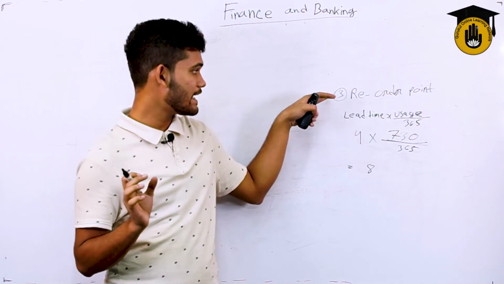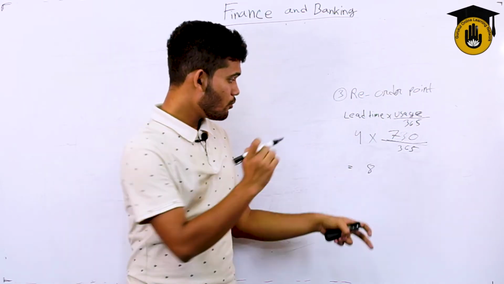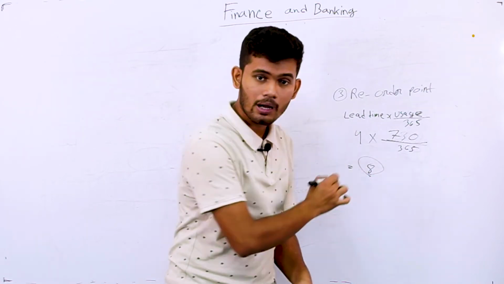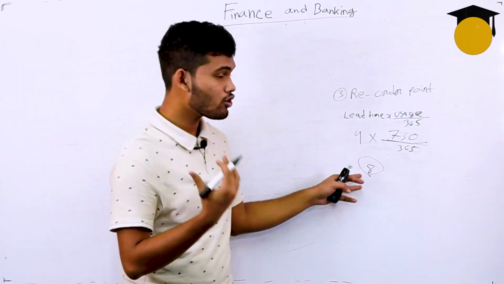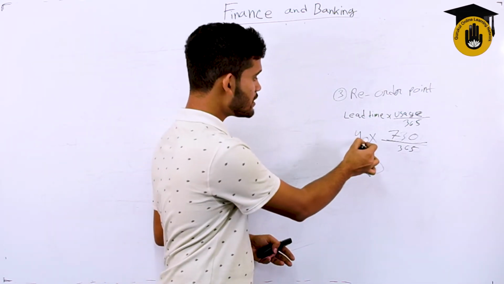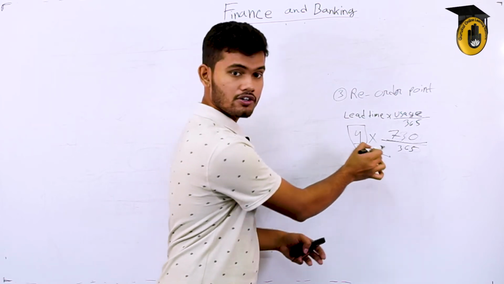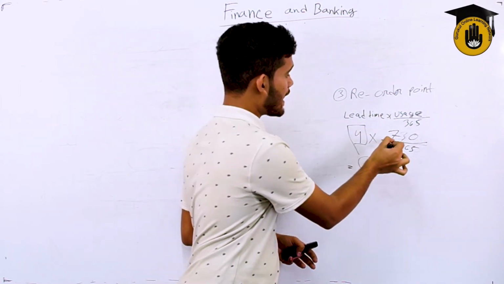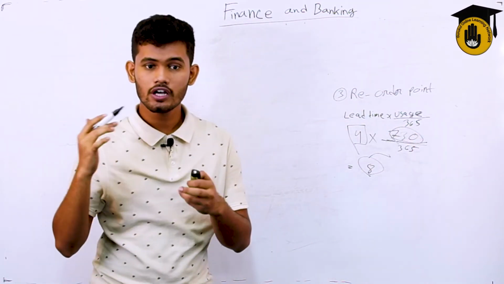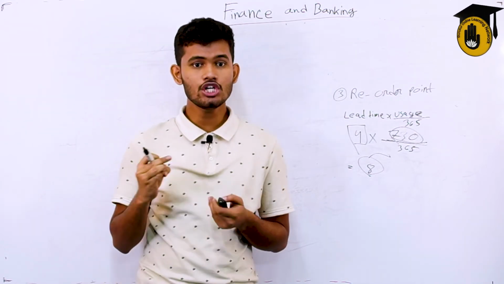That's the reorder point, and the lead time is 4 days. That means when we have 8 dozens of cups in hand and we order, it will take 4 days to get another batch of 730. So that's simply the reorder point.